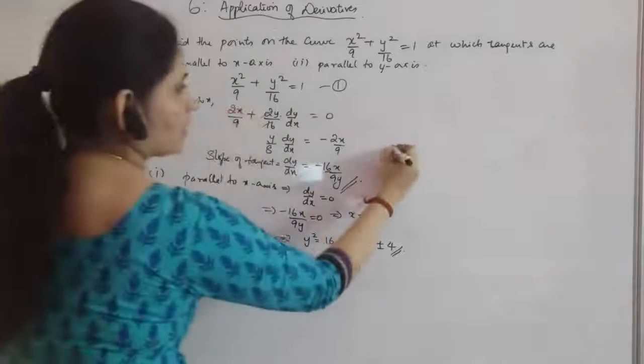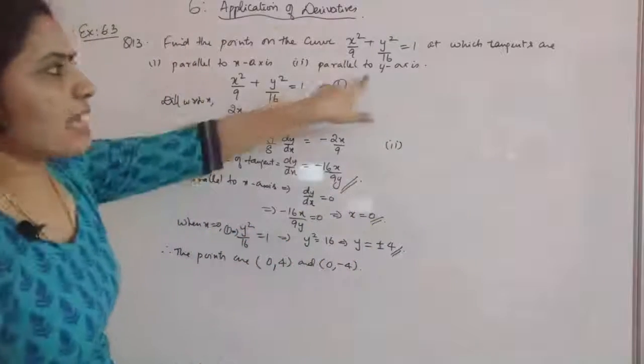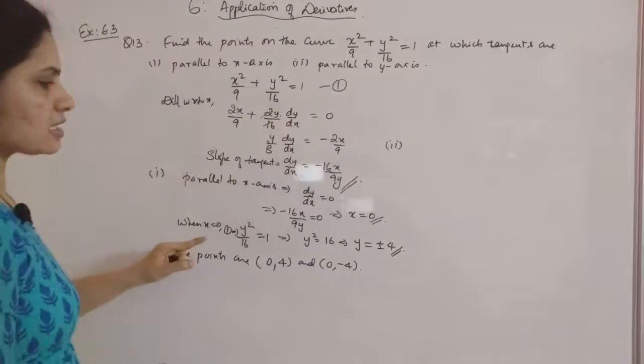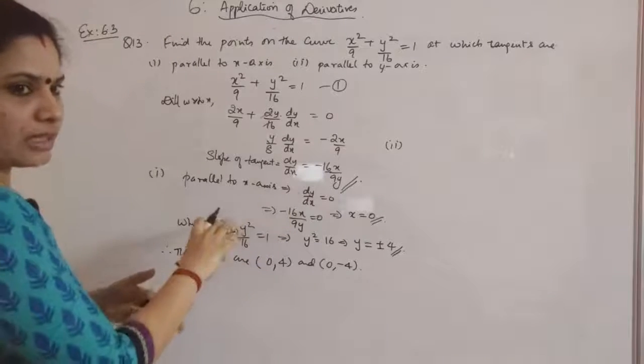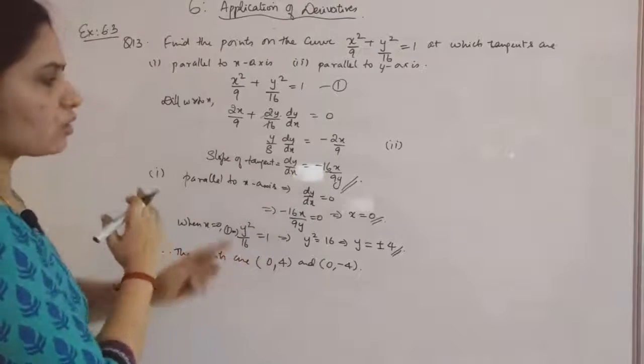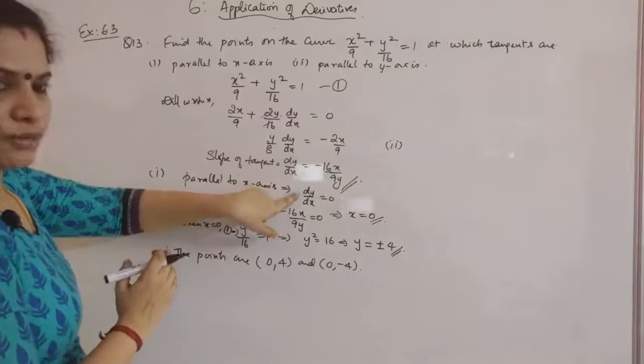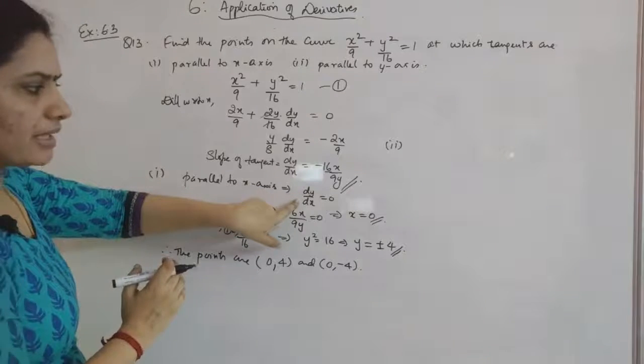Now for the second case, it is parallel to y axis. Parallel to y axis means the reciprocal of the slope, that means the normal, the other way. Okay, normal is 0, or you can say reciprocal of the slope of tangent or dy by dx will give you 0.